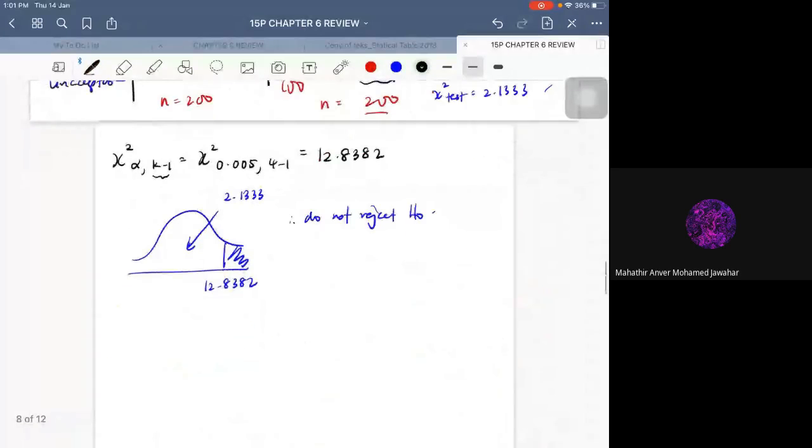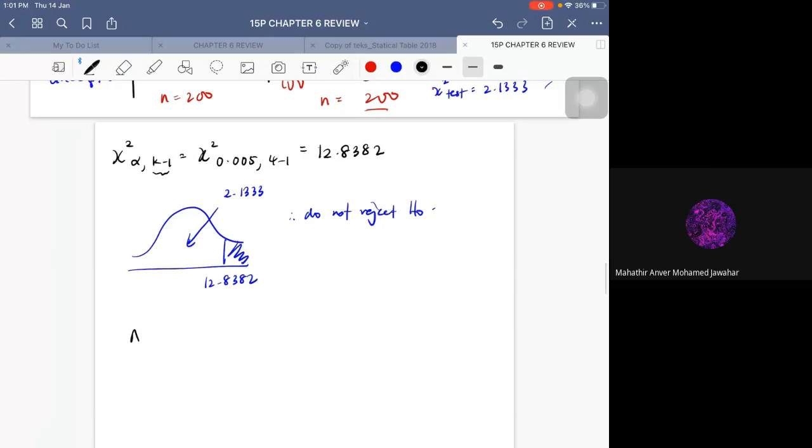So we're going to say at alpha equals 0.005, or you can use 0.5%, we have sufficient evidence that the claim is true. Okay, that is going to be the conclusion.